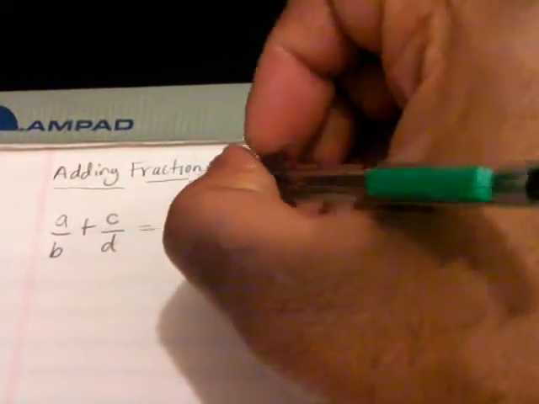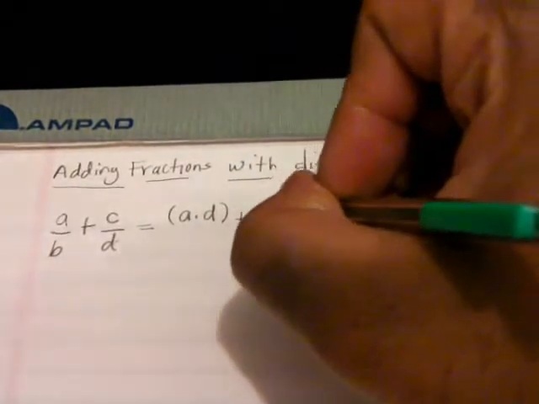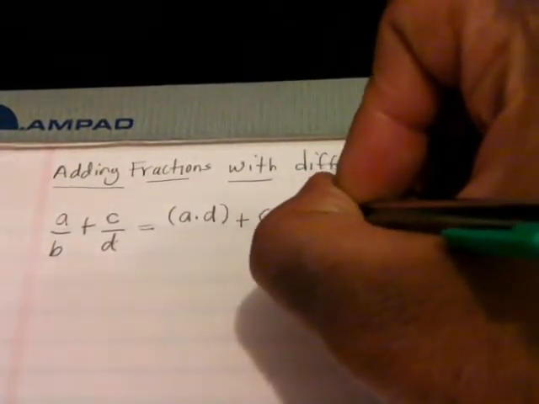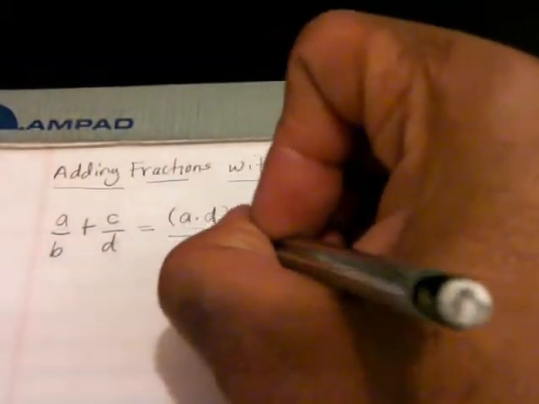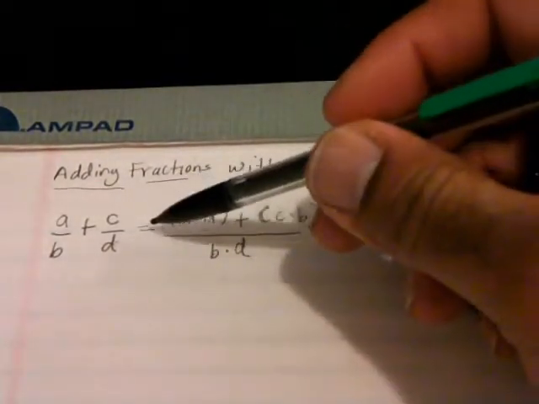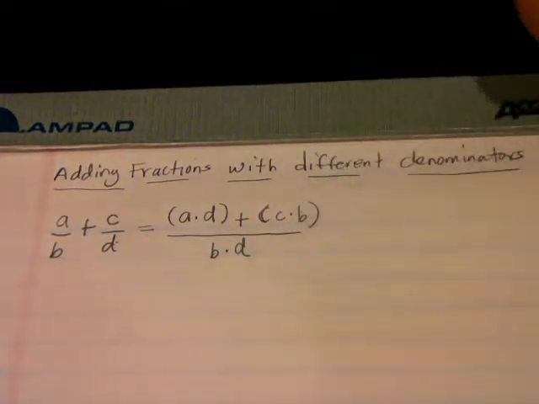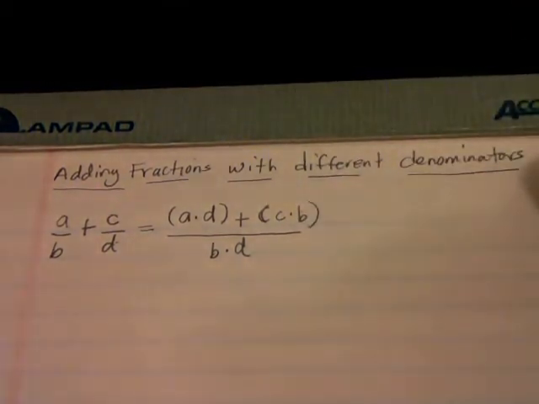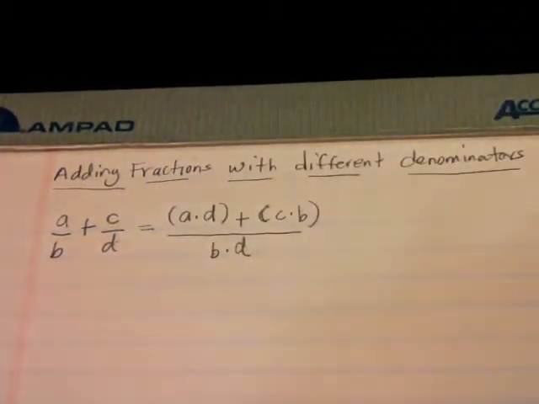A times D plus C times B, put that both in parentheses, over B times D. Notice the B times D represents the product, or some type of common product, between the two denominators. All right, let's translate this using a sample problem, using an example.